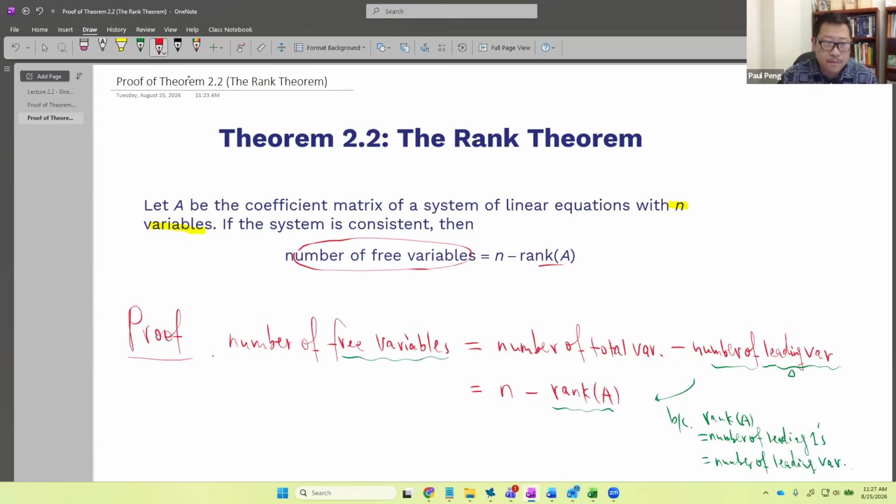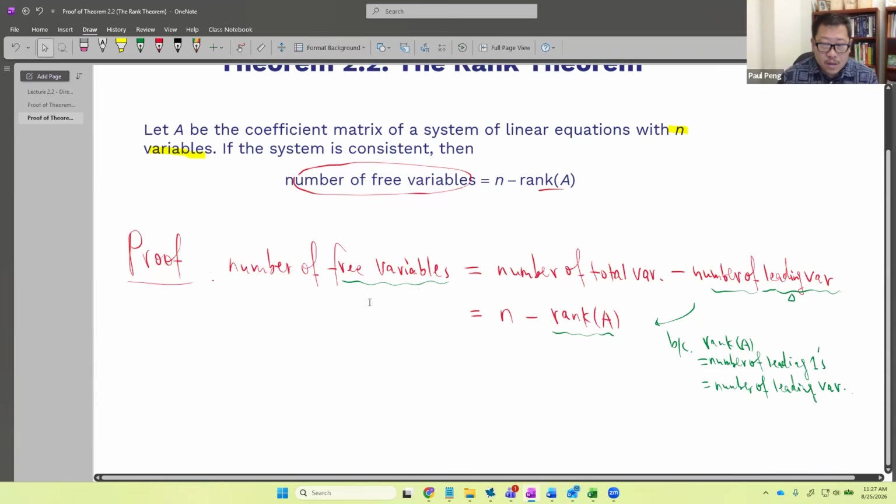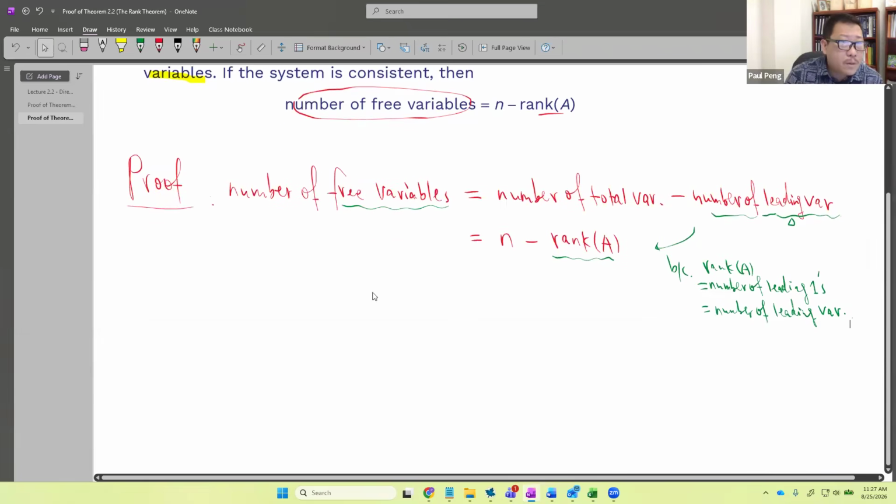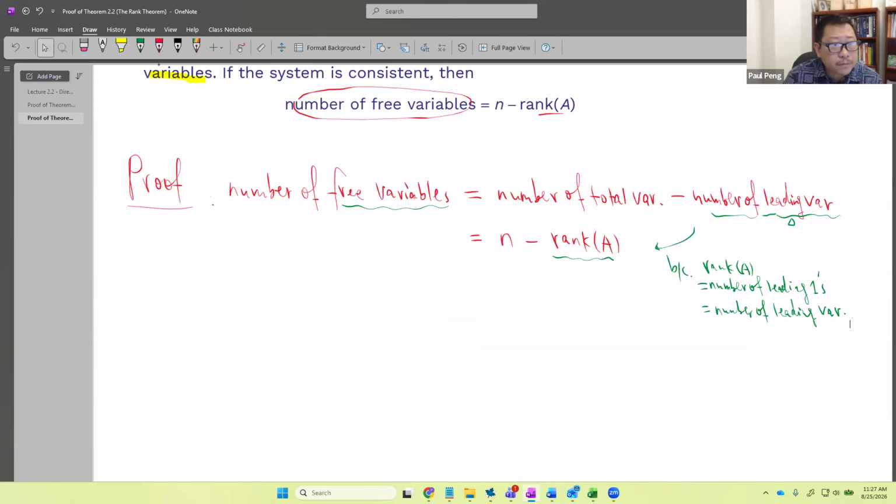Let me give an example. If a matrix goes through row operations, we have R, the reduced row echelon form, or row echelon form, it doesn't matter.